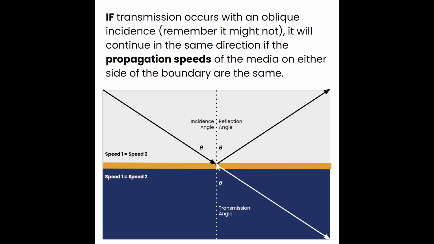If transmission occurs, it is going to continue straight forward on its path as long as media 1's speed is the same propagation speed as media 2. This angle, the transmission angle, this one here that's created between the transmission path and that perpendicular line, will be the exact same as the incidence angle. And again, that's only going to happen if speed 1 is equal to speed 2: incidence angle equals transmission angle.